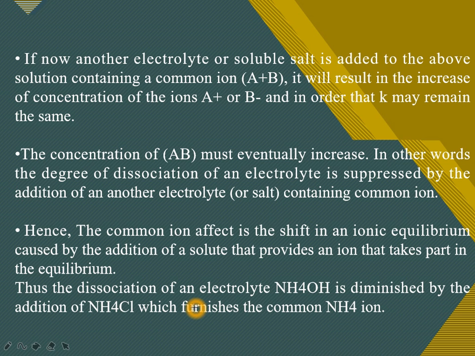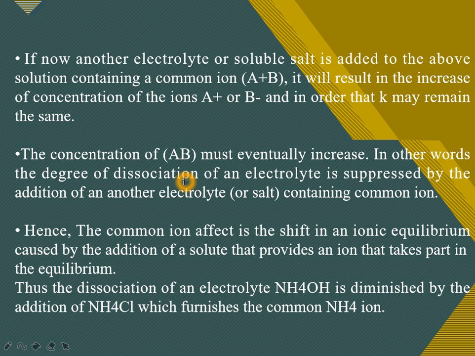This results in an increase in the concentration of A plus and B minus ions, and in order that K may remain the same, there is no need for dissociation of AB. This indicates that the concentration of AB must eventually increase. In other words, the degree of dissociation of the electrolyte is suppressed by the addition of another electrolyte containing a common ion.